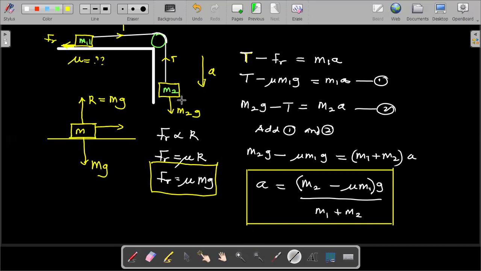Similarly, let's evaluate the tension using this acceleration, using equation 1, the way we did for the second case. Okay, let's go to a fresh page.